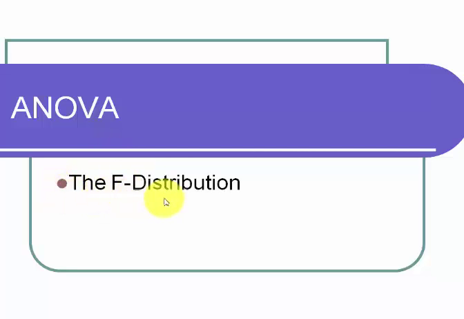What we will be talking about today is first the F distribution. We've already had the uniform distribution, the normal distribution, the student's t distribution, and the chi-squared distribution. So this is the final distribution of the quarter, called the F distribution, which will be used for the one-way ANOVA test.